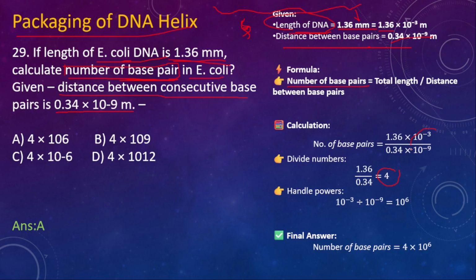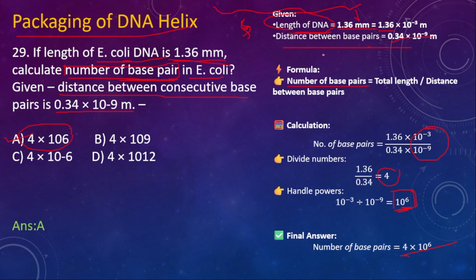What about the powers? 10 to the power of minus 3 divided by 10 to the power of minus 9 gives 10 to the power of 6. So where is 10 to the power of 6? It is here. This lengthy process is not necessary. So the final answer will be 4 into 10 to the power of 6.